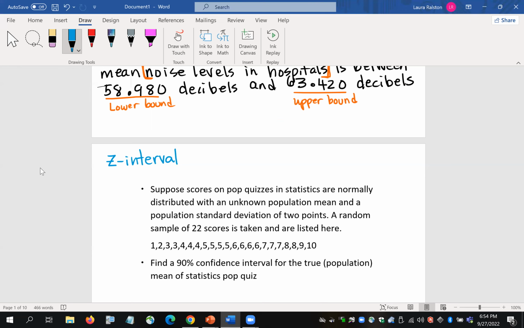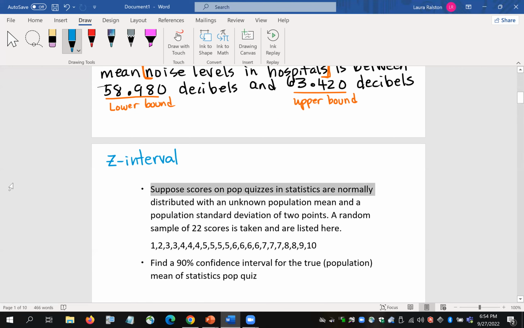A random sample of 22 scores is taken and are listed here, and you have a list of 22 numbers. Find a 90% confidence interval for the true population mean of statistics pop quiz scores.